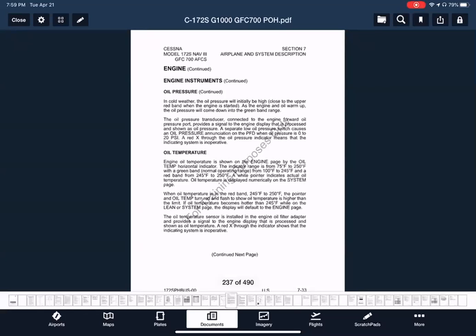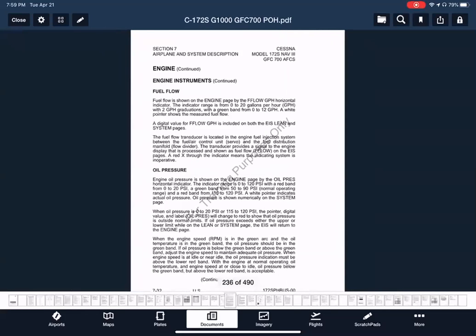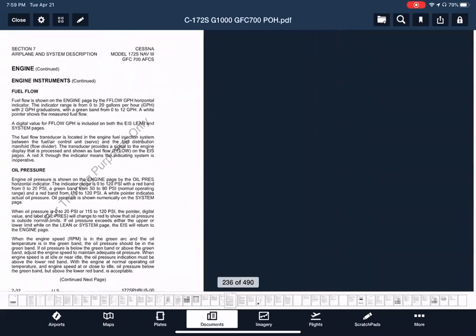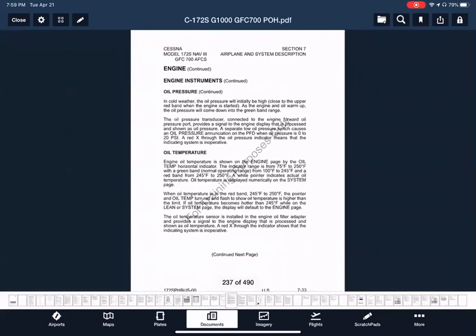It goes on and talks about oil temperatures and what normal oil temperatures are. Never really talks about normal oil pressure. It just gives you the range, green band between 50 and 90. But normally if you check it, it'll be running around 80. And so now this level of a question would be very high-end private, but so may or may not be.